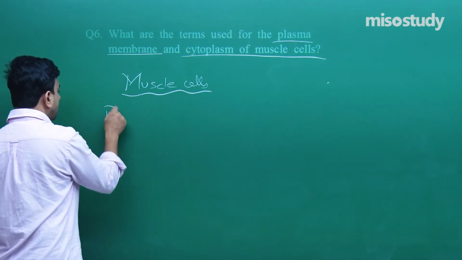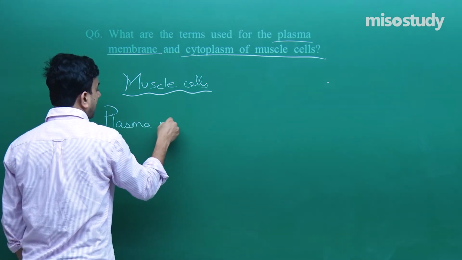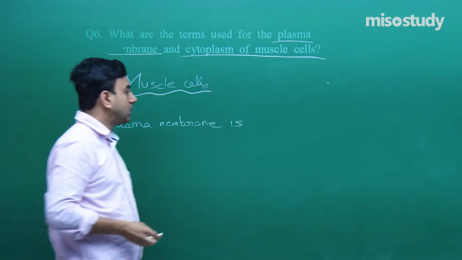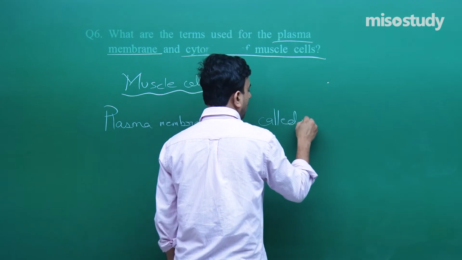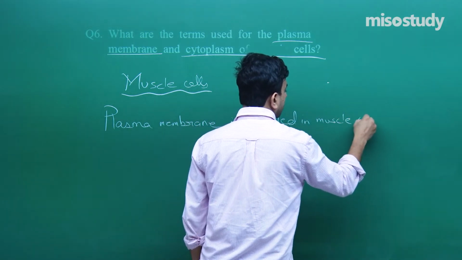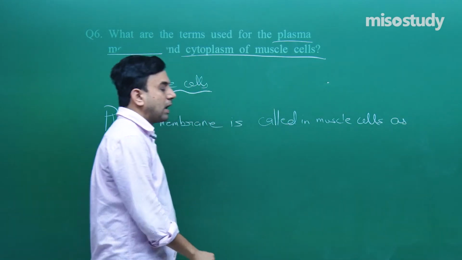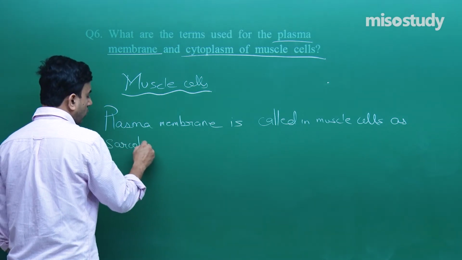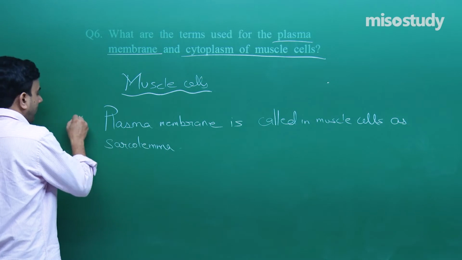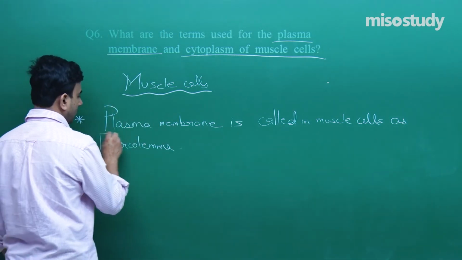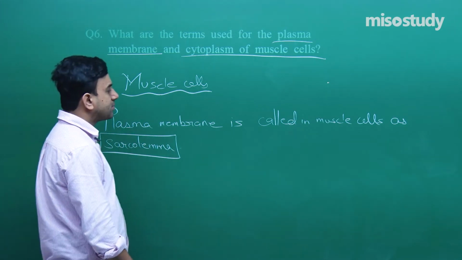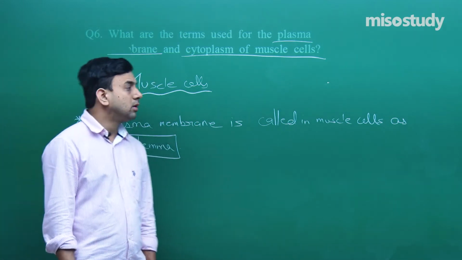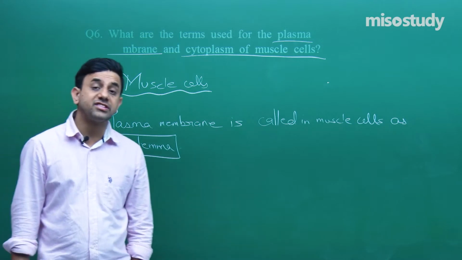The plasma membrane is called in muscle cells as sarcolemma. The cytoplasm of the muscle cell is called as the sarcoplasm.